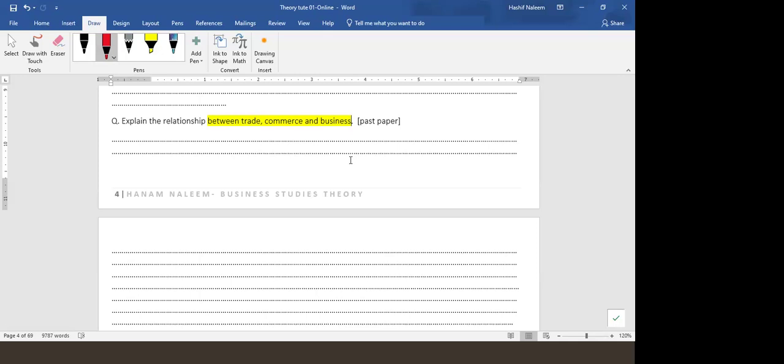You can see the flow chart and connect it. Commerce and industry would make up what? A business. Done.